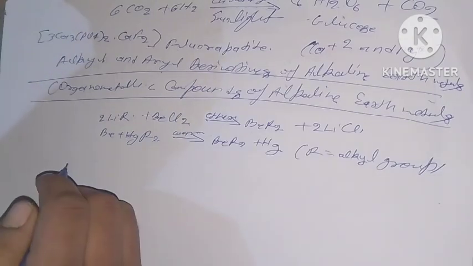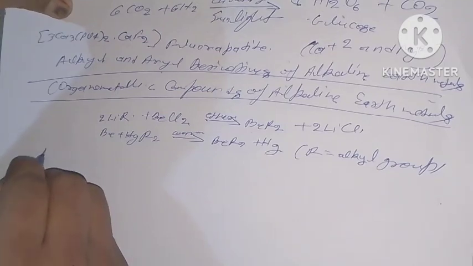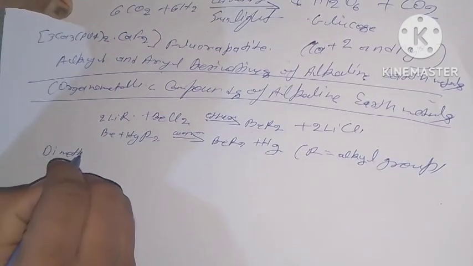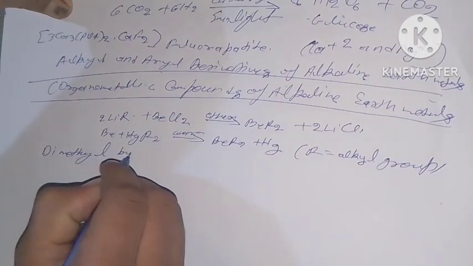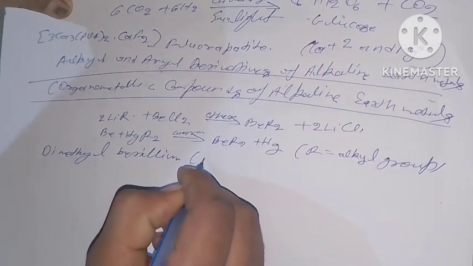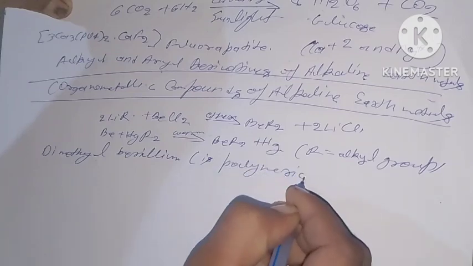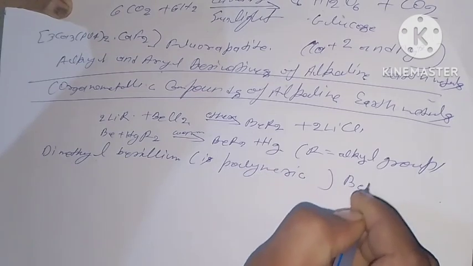Dimethyl beryllium, BeMe2, is polymeric.